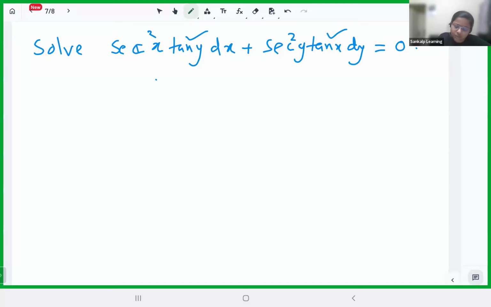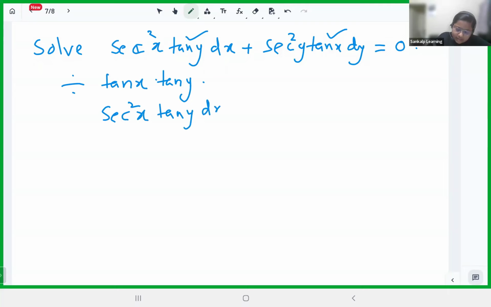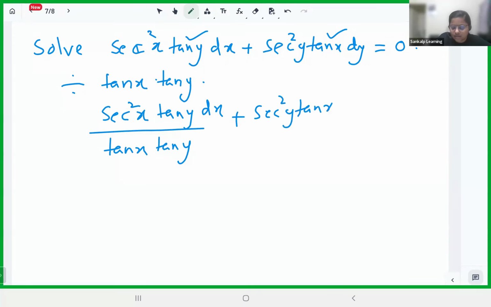So in order to cancel that, I'm going to divide this completely with tan x tan y. Okay, so that is sec square x tan y dx divided by tan x tan y, plus sec square y tan x divided by tan x tan y into dy equal to 0.